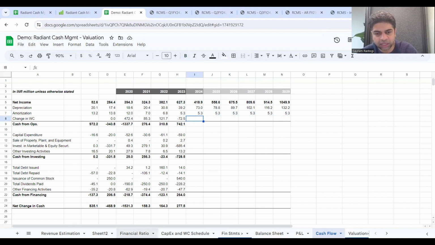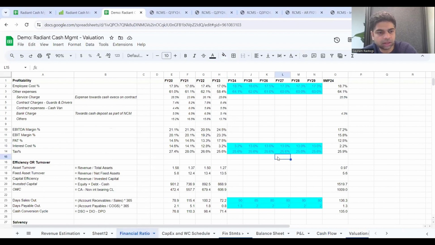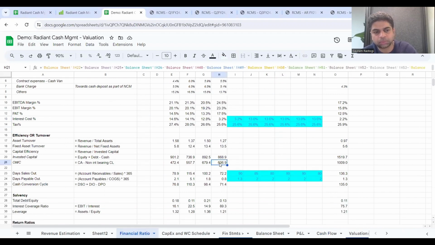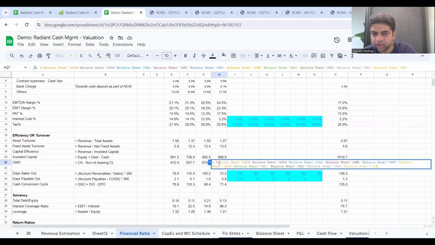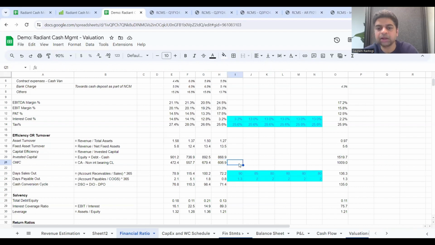For that, let's go to financial ratios. And if you see operational working capital here, current assets minus non-interest bearing current liabilities. तो हमने कैसे estimate किया है?